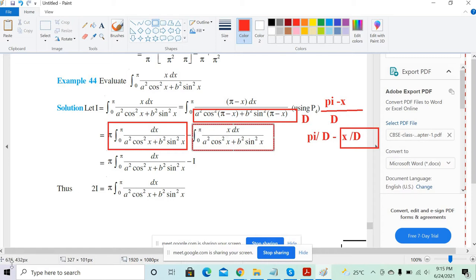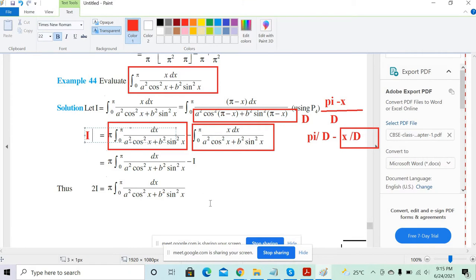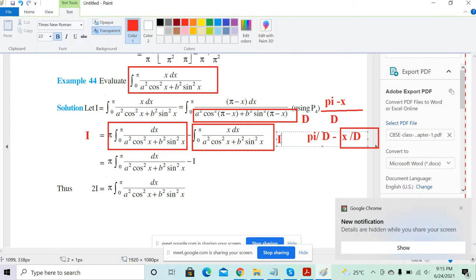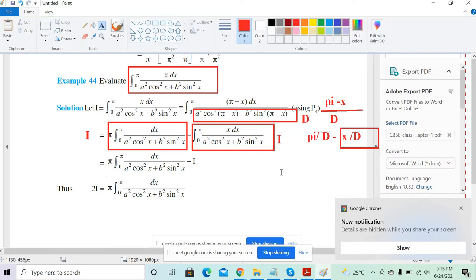Yes, sir. So this second integration is the same as the first integration, no? Yes. So basically this is I equal to, and this entire term is I. Correct? Now you can see it as well. Now I can see, okay.